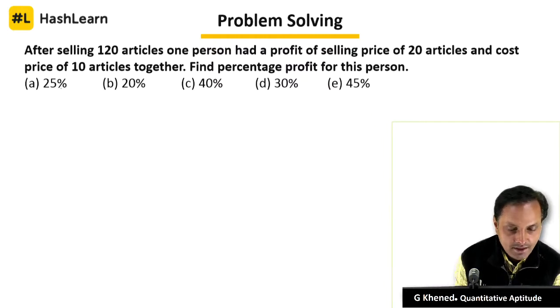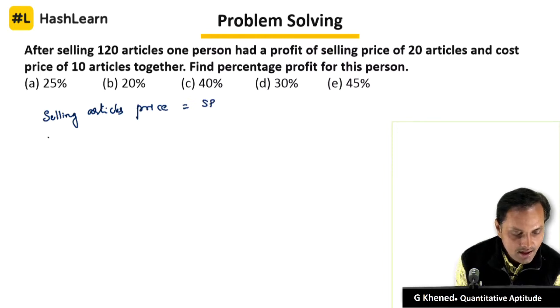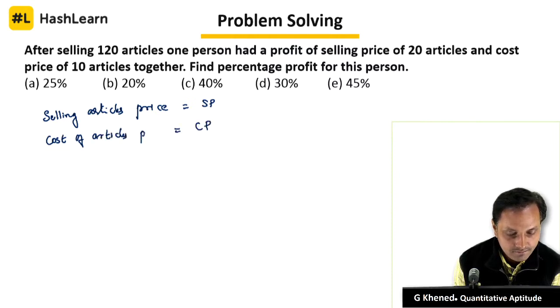Let me denote the selling price of articles as SP and cost of articles as CP.